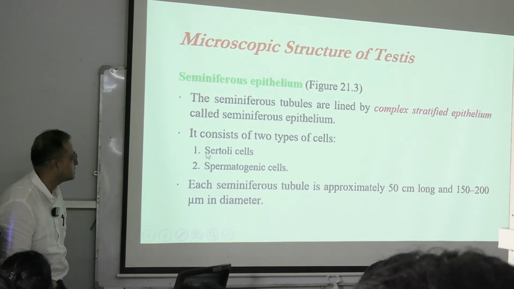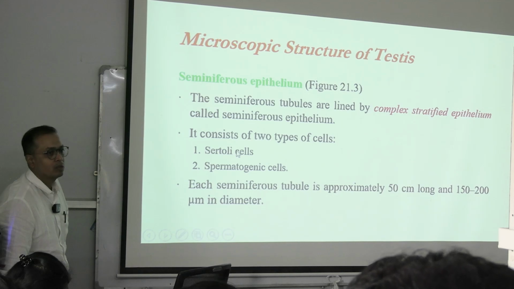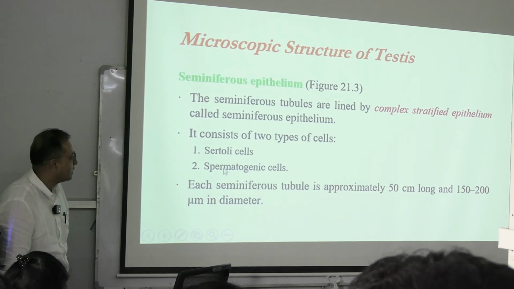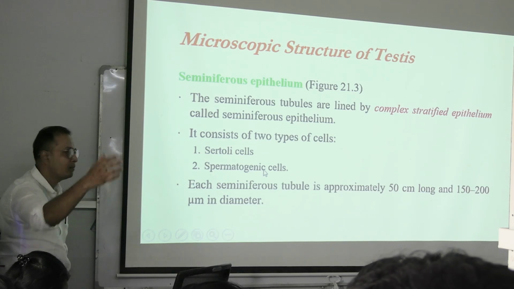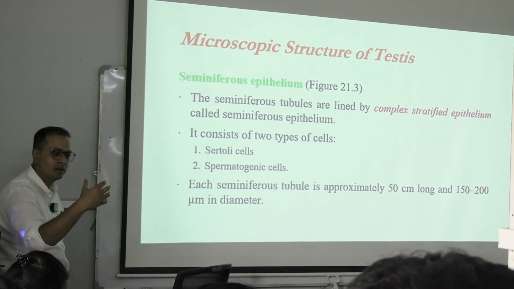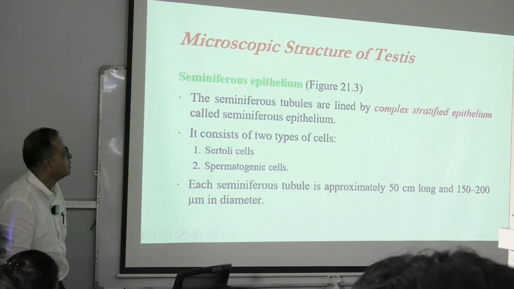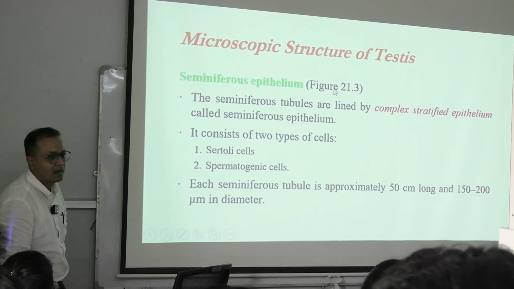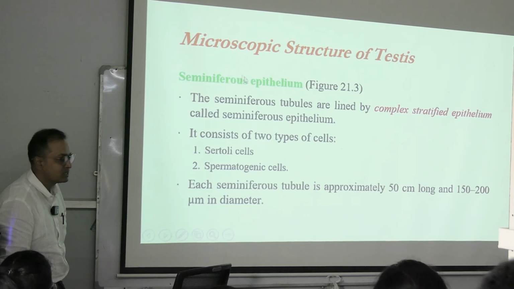These cells we call Sertoli cells. And the other cells, germ cells or spermatogenic cells, are going to produce the sperm in future, with an appropriate environment and appropriate hormonal stimulation required for it. The cells inside these seminiferous tubules we call seminiferous epithelium.